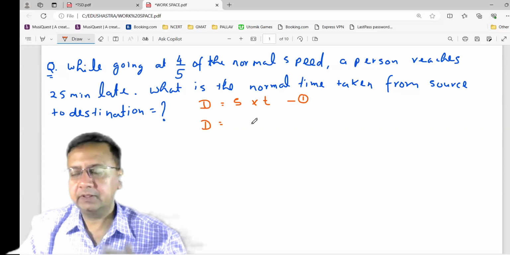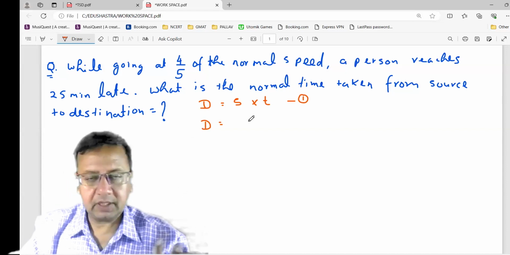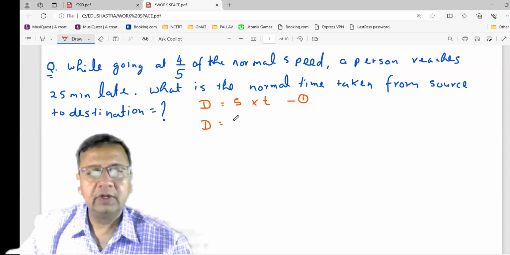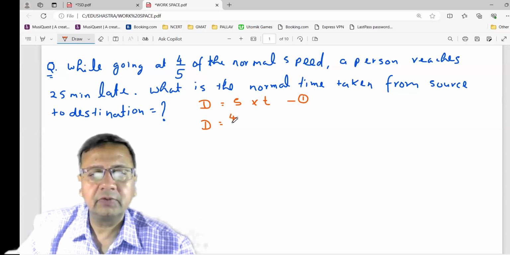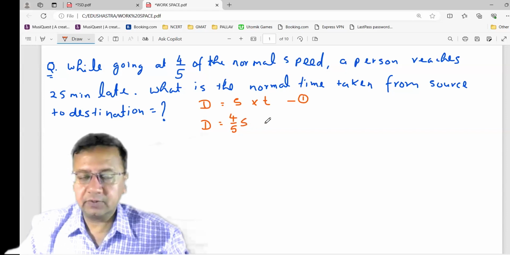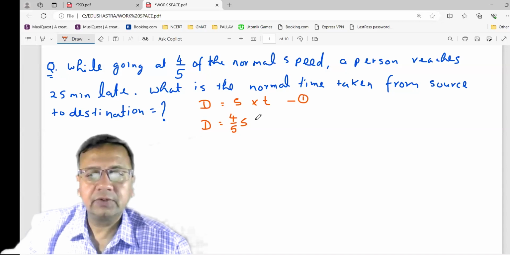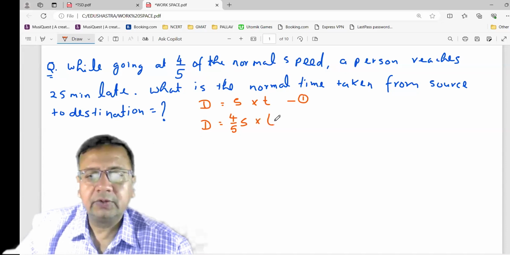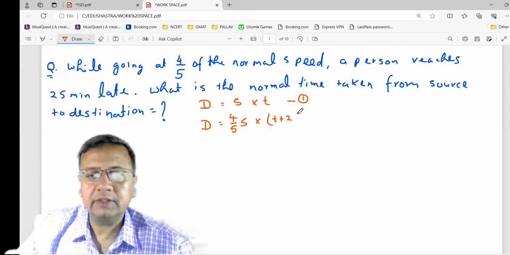Some other day, maybe there is some fault in your bike or car, so you are going slow. So your speed is now 4 by 5 of S. Because of the slow speed, you are reaching late, so you are taking 25 minutes extra. And this is your second equation.